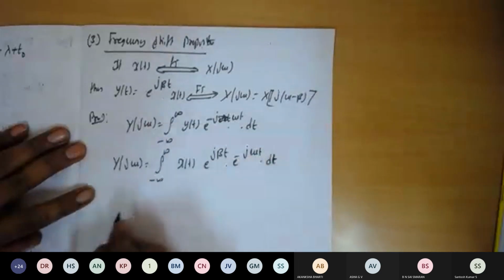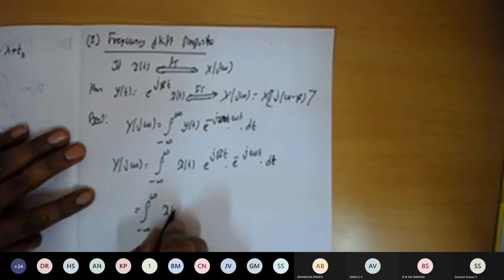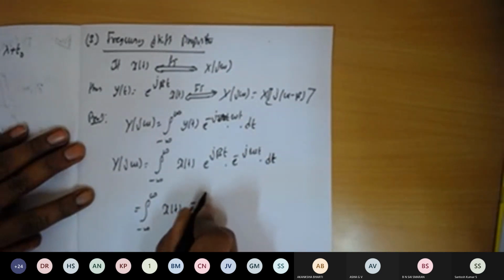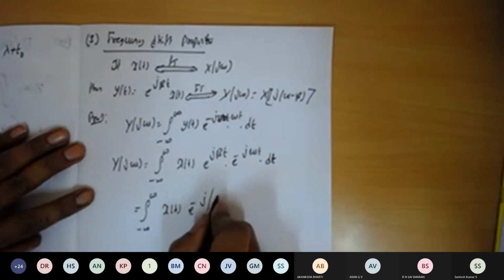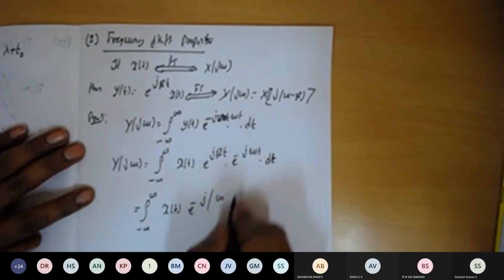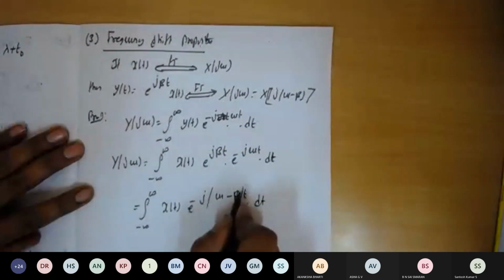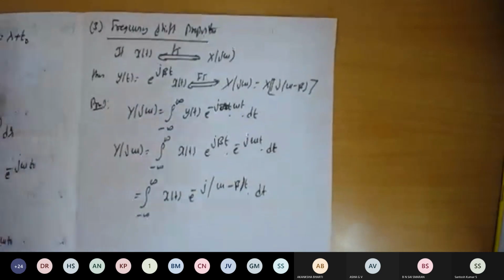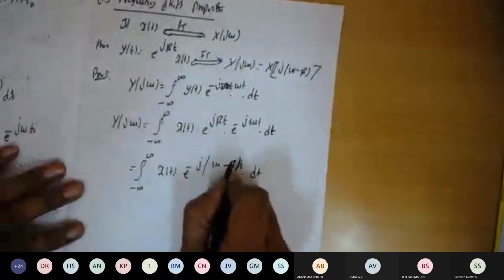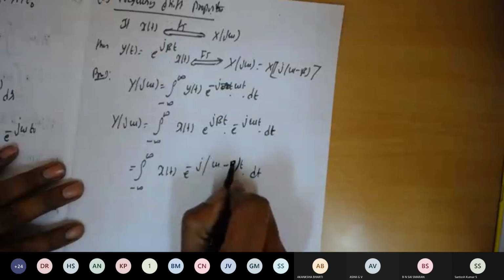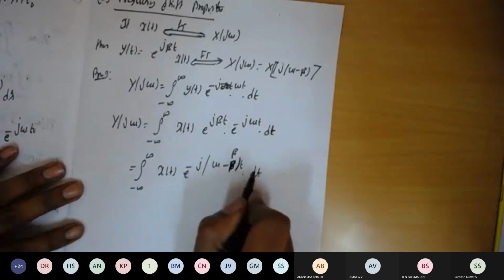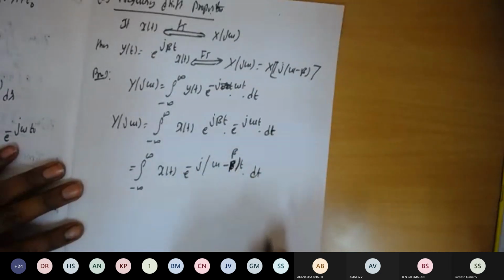So this has become the integral from minus infinity to plus infinity of x of t into e to the power of minus j, and the remaining quantity is omega minus beta into t into dt.